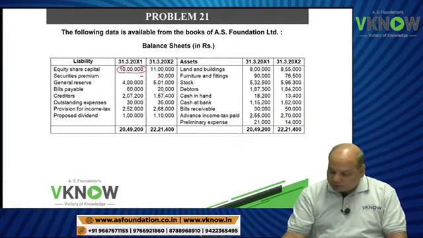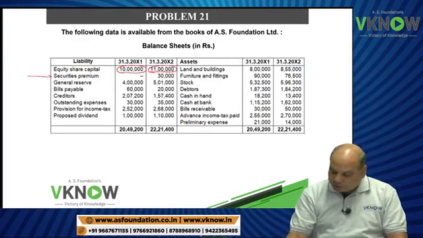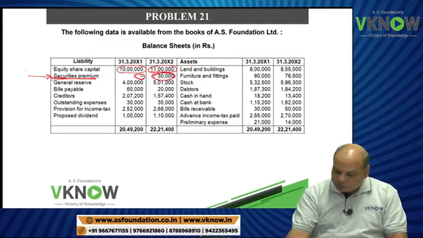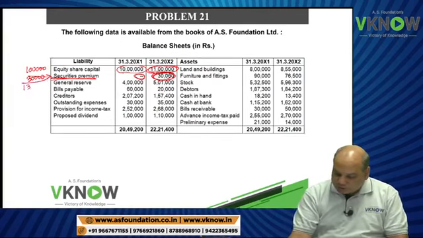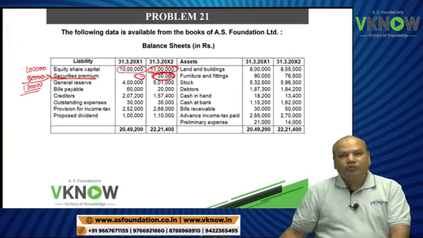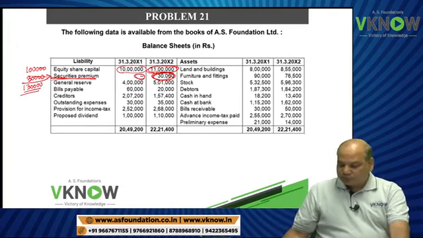See, 10 lakh is here, 11 lakh is here. And look at the securities premium. From 0, it has become 30,000. So the total amount raised from issue of equity share is 1 lakh plus 30,000, that is 1 lakh 30,000.